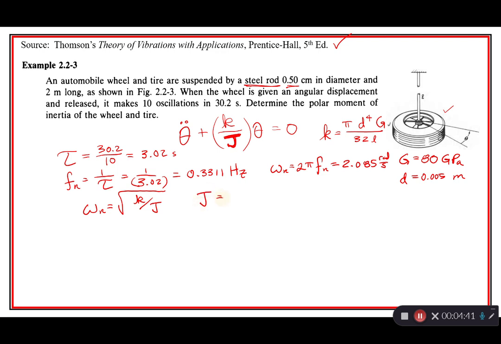If we solve for J, it's going to be K over omega n squared. I'm going to solve for K separately.